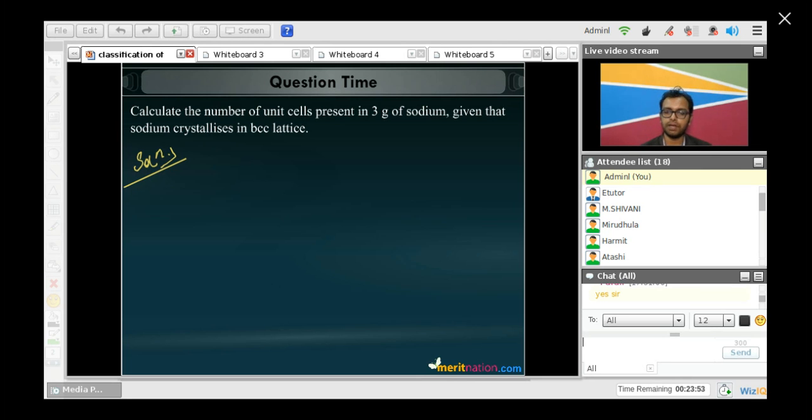Another way is you can calculate the total number of atoms present inside the sodium sample that is given to you. And once you have calculated the total number of sodium atoms, you can find the number of unit cells by dividing the number of sodium atoms by the number of atoms present inside one unit cell, right? So either of the two methods can be used.